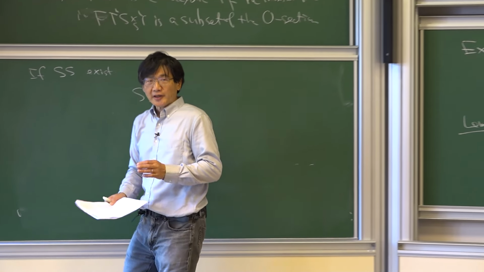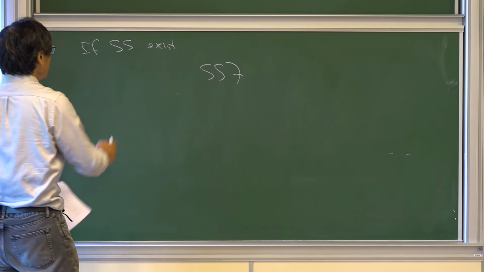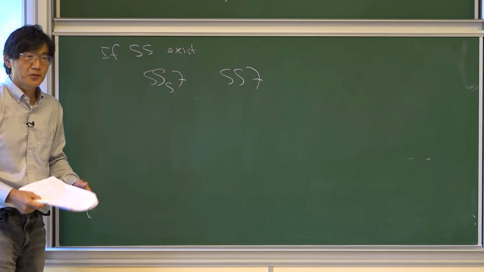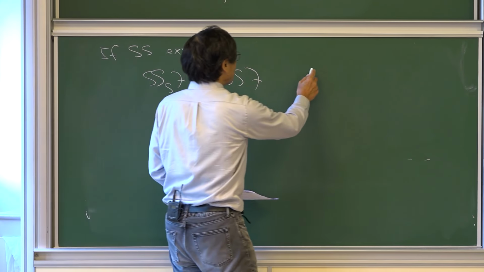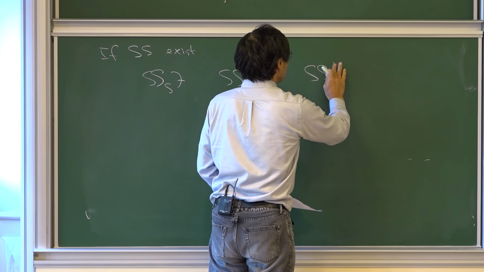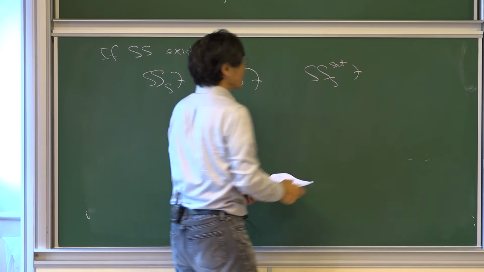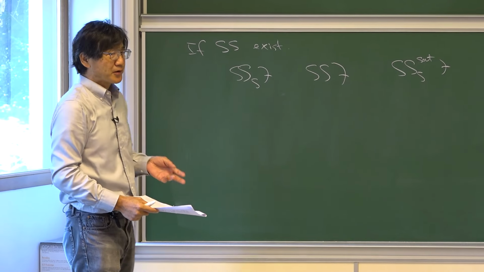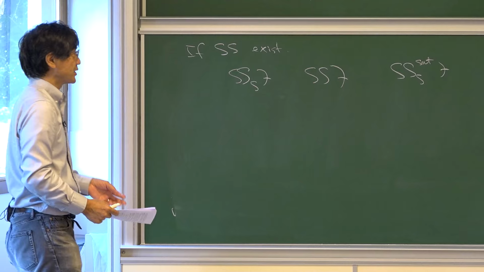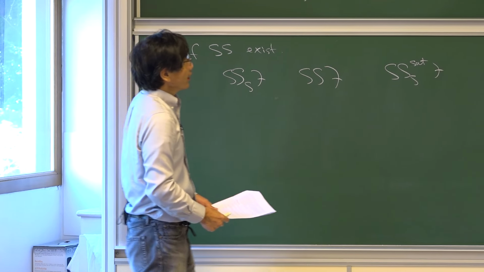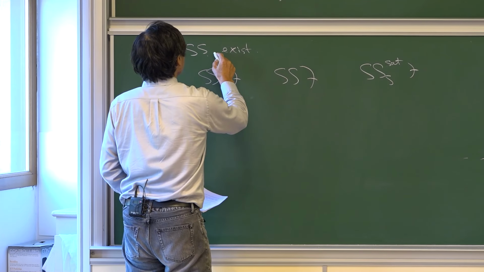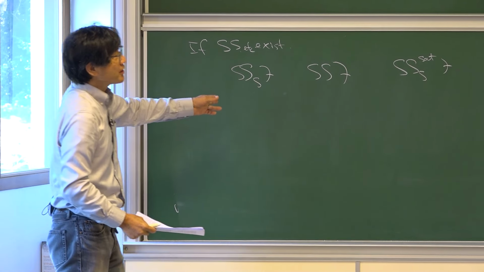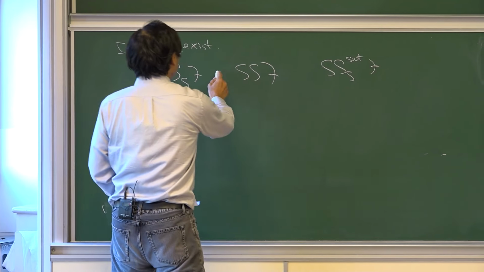So, as usual, we can define relative singular support as the smallest one, and relative saturated singular support as the smallest saturated one, on which F is micro-supported. If they exist, this lemma says that we have this inclusion.